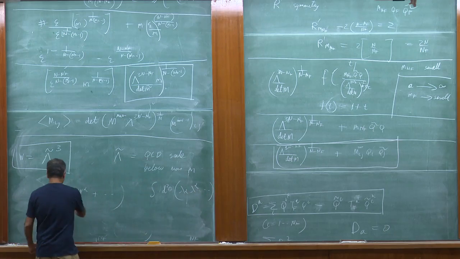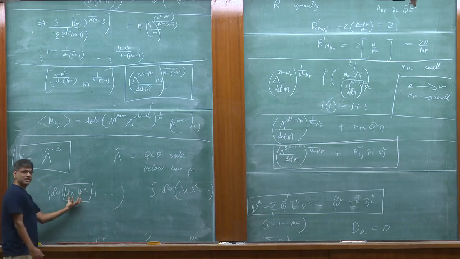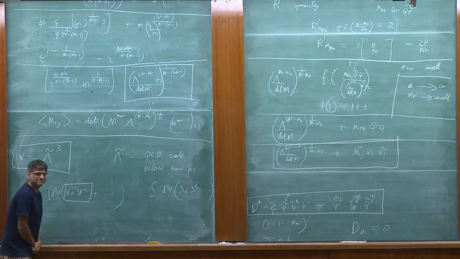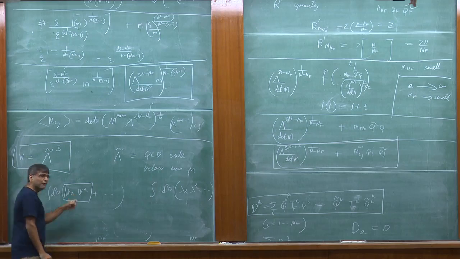What I wanted to say was that the thing that plays the role of the superpotential in QCD, the term with d2 theta, is W alpha squared. Now, what we're saying is that this object here is getting an expectation value. Moreover, it's getting an expectation value that we can compute.